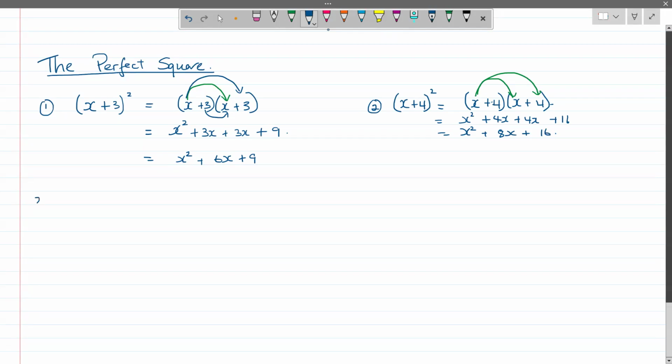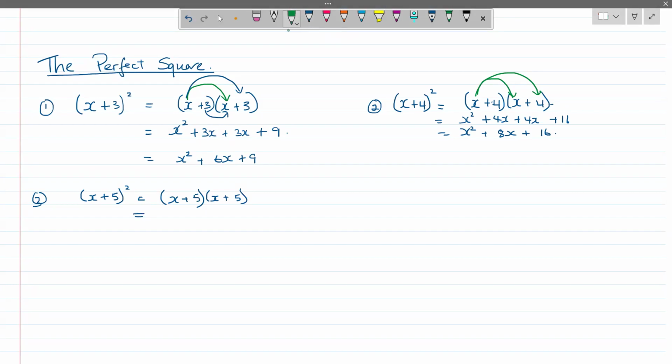I'll do another example. Look at (x + 5) squared. You're going to get (x + 5) by (x + 5). x by x is going to give me x squared. x by 5 is going to give me plus 5x.